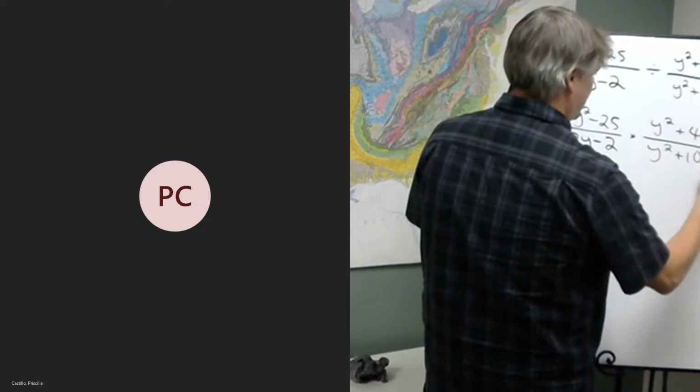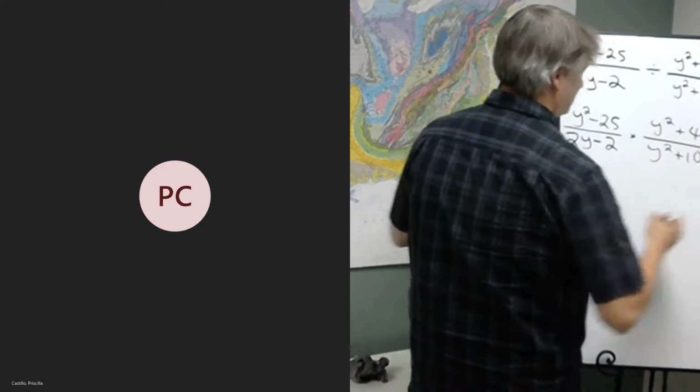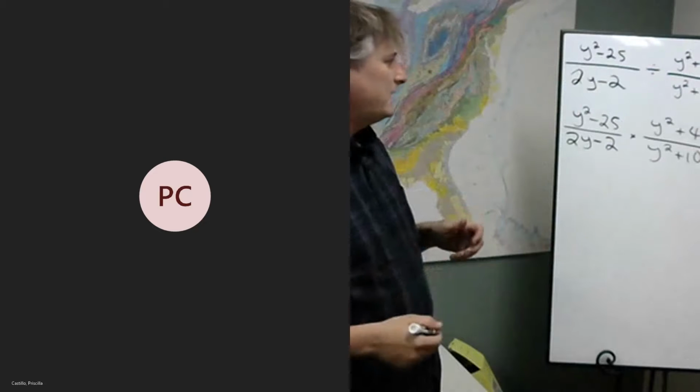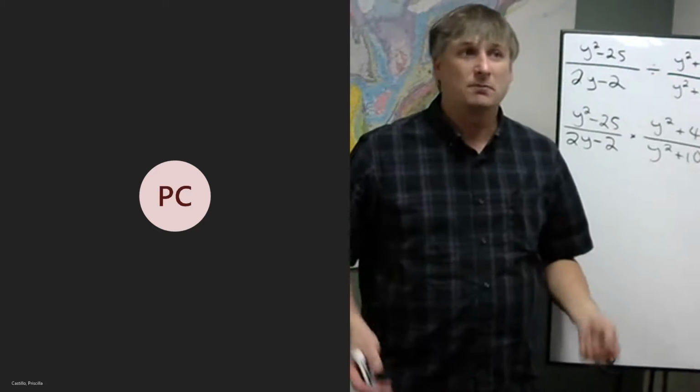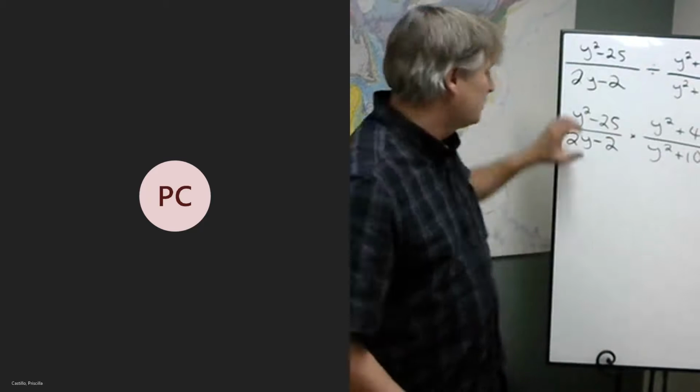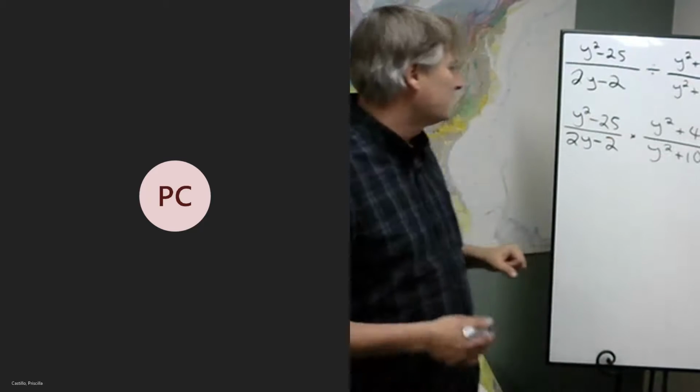We're flipping the second one. And now what we would do is just multiply. And we multiply rational expressions the same way we multiply fractions. We would just multiply across.